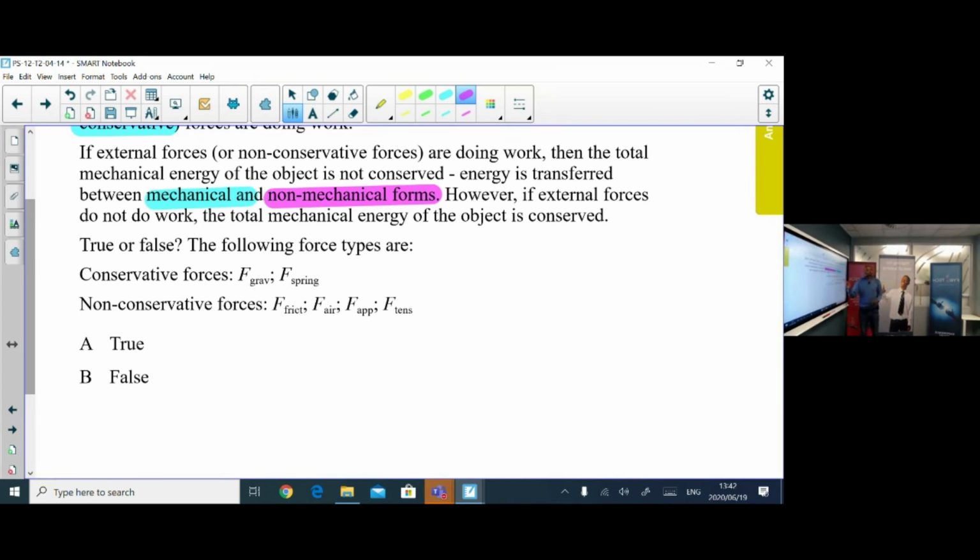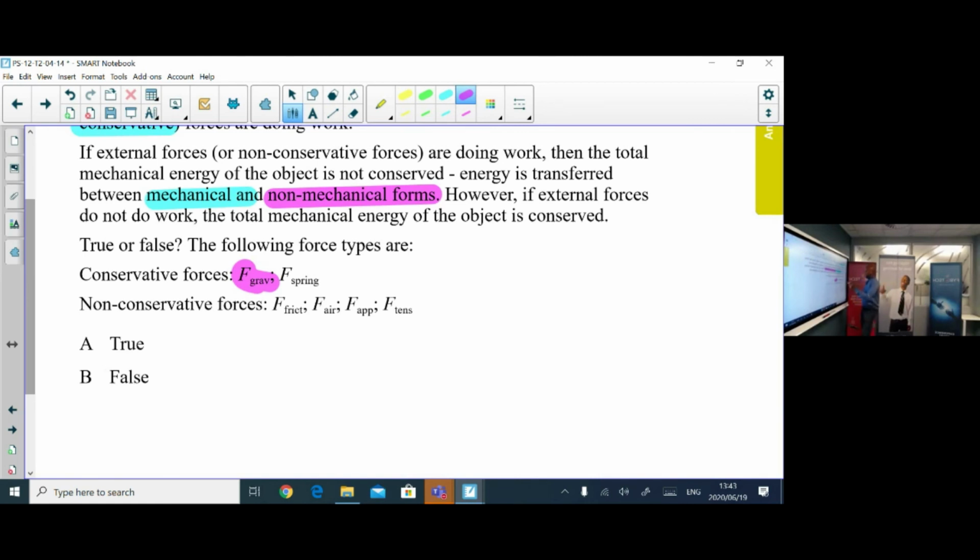The following force types are conservative forces. We have the force of gravity. Earlier we talked about conservative forces, and the well-known conservative force is gravitational force.